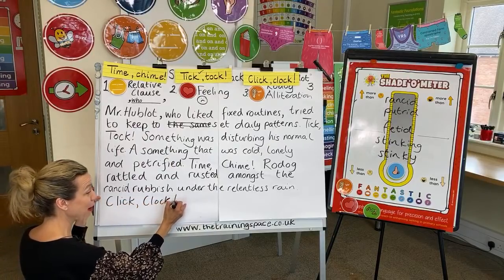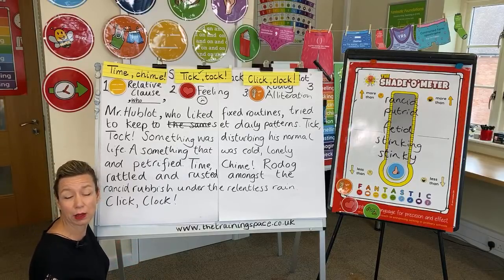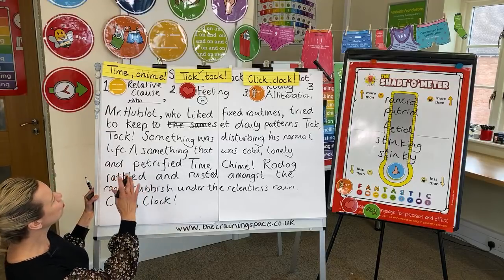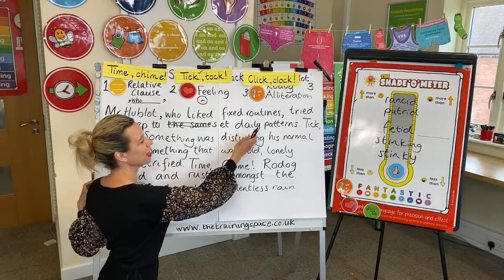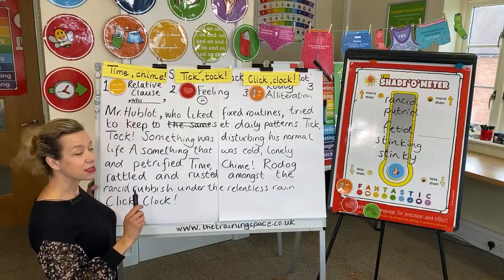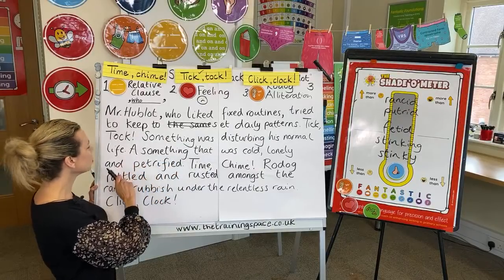I'm going to read this back now because I might have made some silly mistakes with spelling or punctuation or missed out a word. Mr Hublot, who liked fixed routines, tried to keep to set daily patterns. Tick, tock. Something was disturbing his normal life.